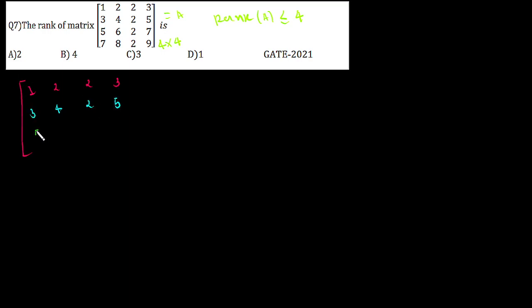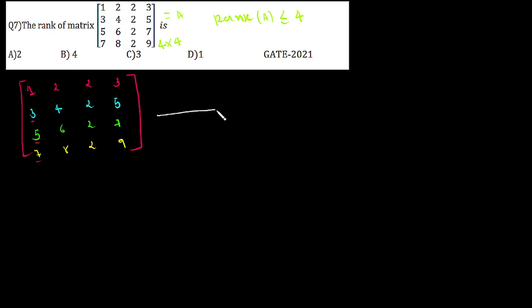The third one is 5 6 2 7, and the last one is 7 8 2 9. Now to find the rank of this matrix we need this matrix in echelon form. So now we need this entry as 0, this entry as 0, and this entry as 0 in the echelon form.